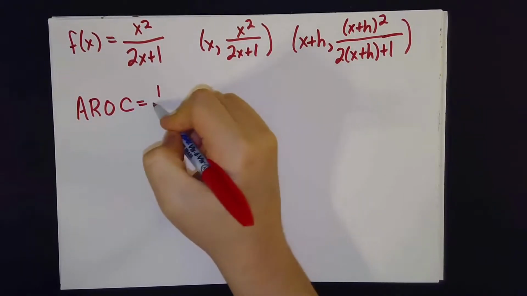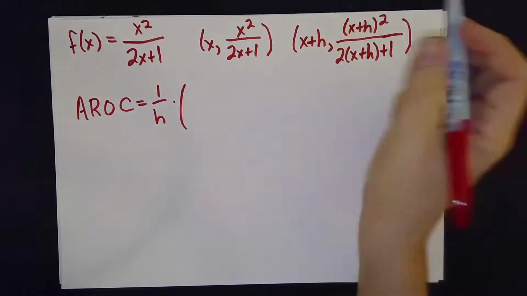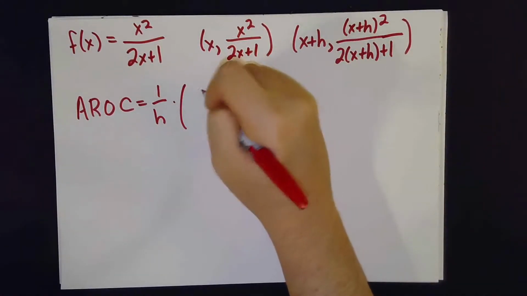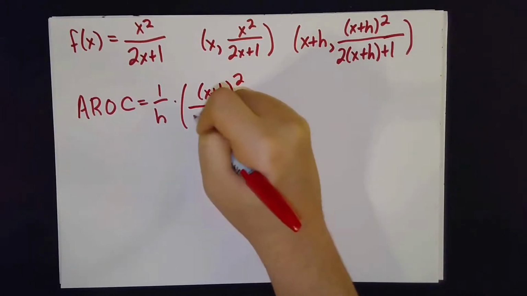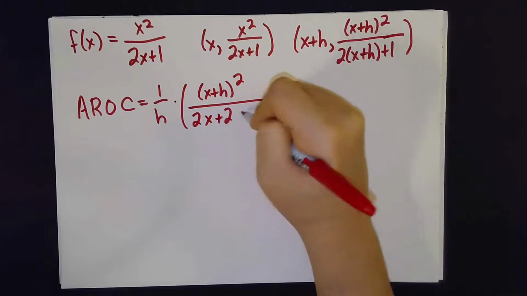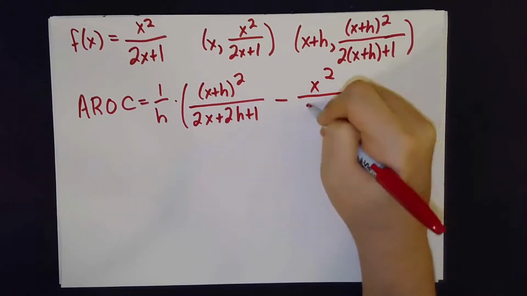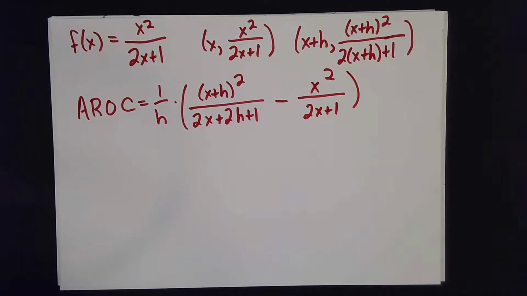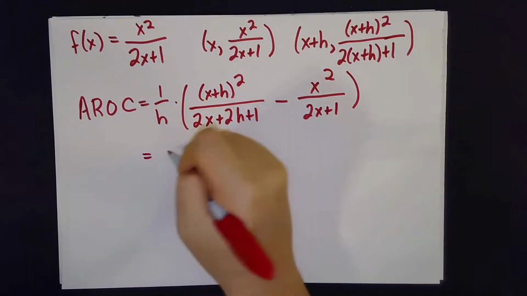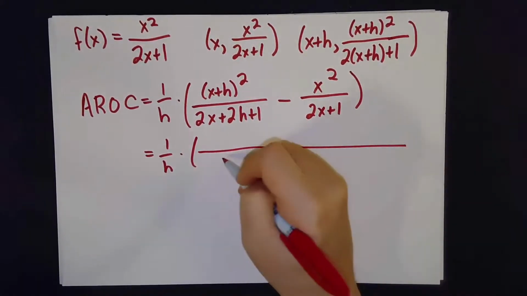I'm going to go ahead and put the 1 over h in front to make my life easier. And I'm going to have to put this over a common denominator.